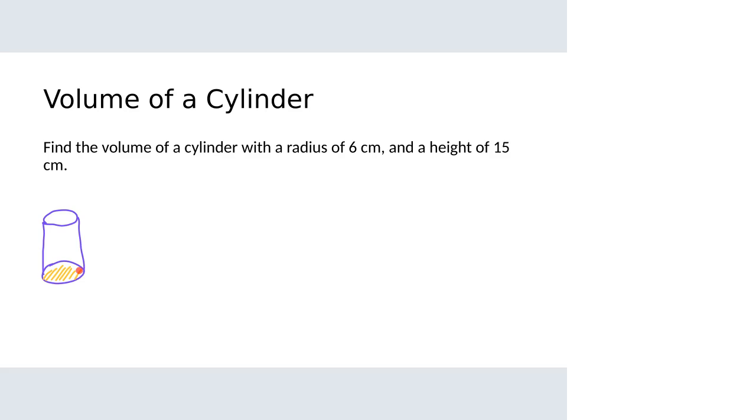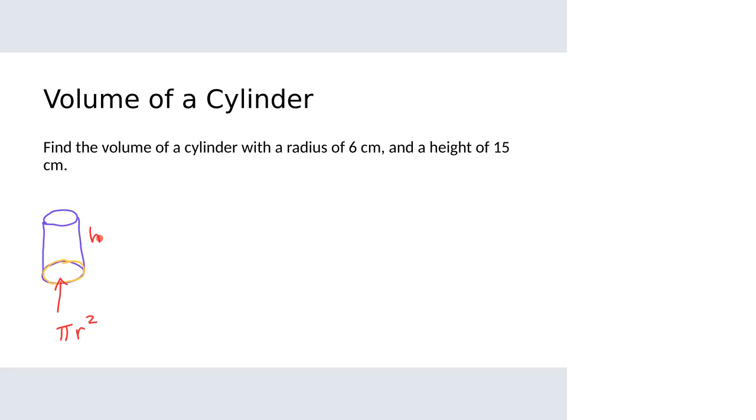And so what we're looking for here is the area of the base. Well, the base of this is a circle. And the area of that circle at the bottom is going to be pi times the radius squared. And then that gives me the area of the bottom, and I need to multiply this by how tall it is, which we're going to call height.